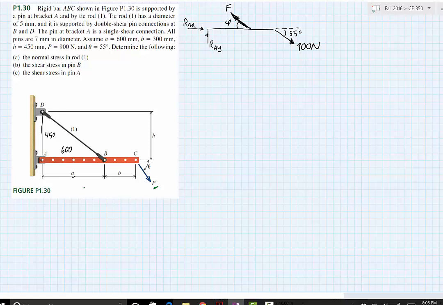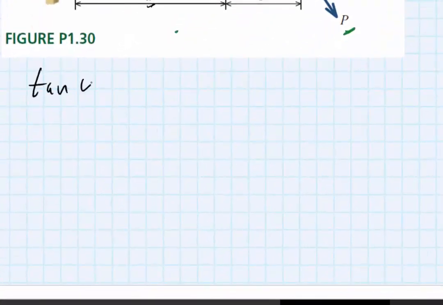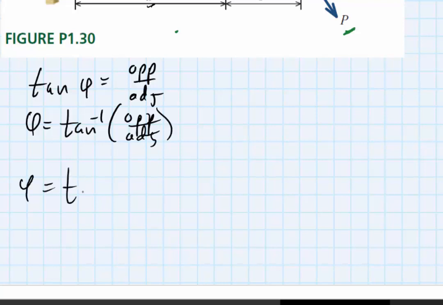So we could use our knowledge of trig: tangent phi equals opposite over adjacent. Phi equals tan inverse of opposite over adjacent, so phi equals tan inverse of 450 divided by 600.